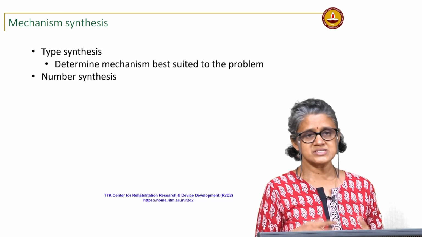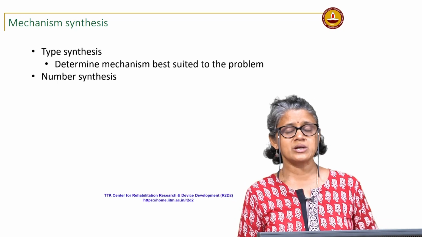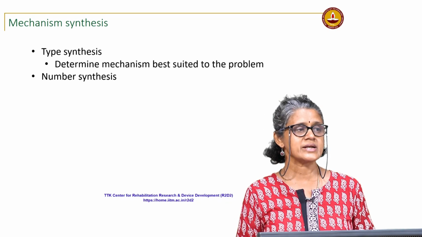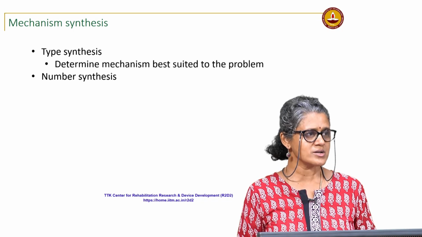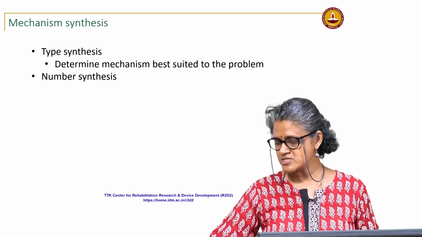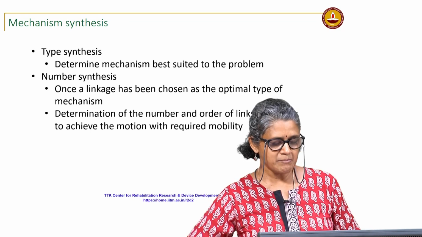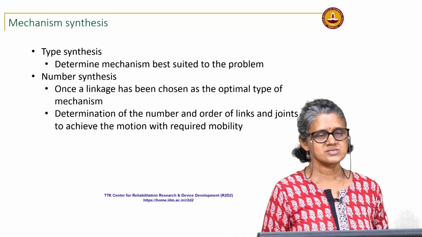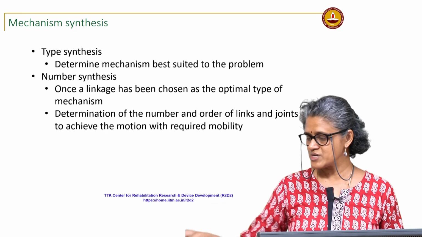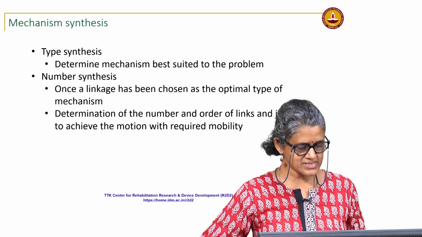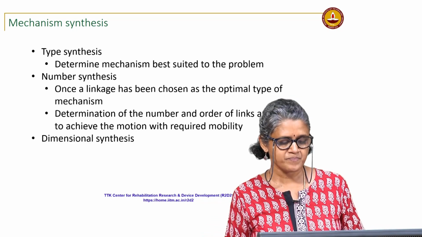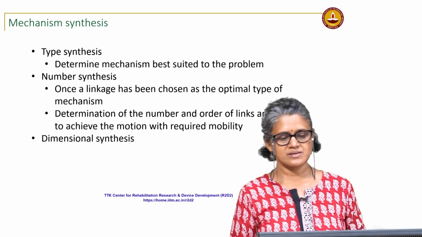And so, the first thing that we do, if you want to look at a linkage as your solution, is to do the number synthesis, which is what we looked at earlier, which is basically determining the number and order of links and joints which you want to use to achieve the mechanism of required mobility. So, again that is something we looked at in the last couple of classes.